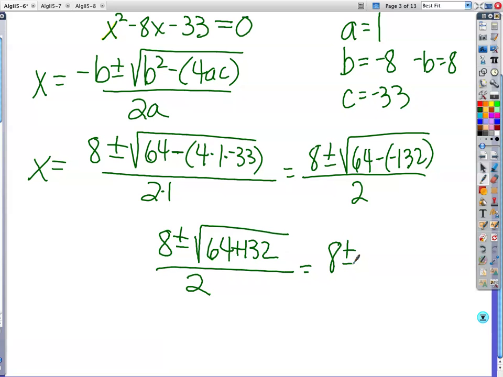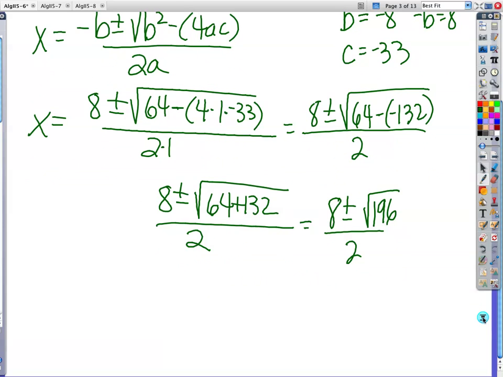8 plus or minus, let's see, 132 plus 64 happens to be square root of 196. And what is the square root of 196, you're wondering? It's 14. So now, instead of writing square root of 196, I'm going to write 8 plus or minus 14 over 2.